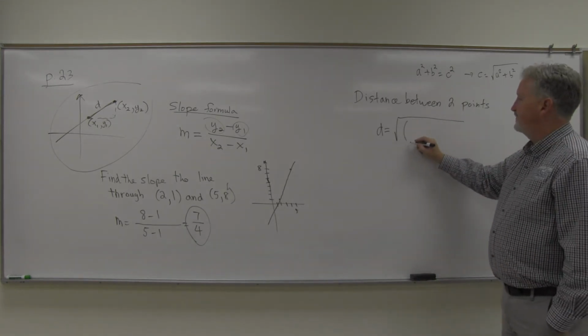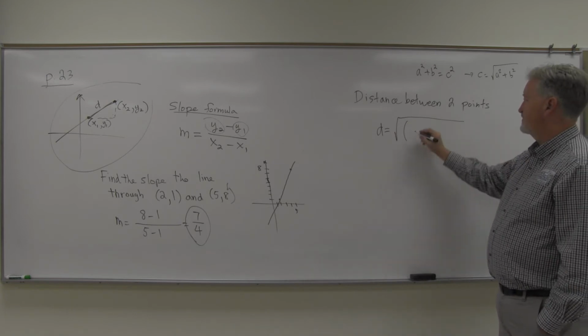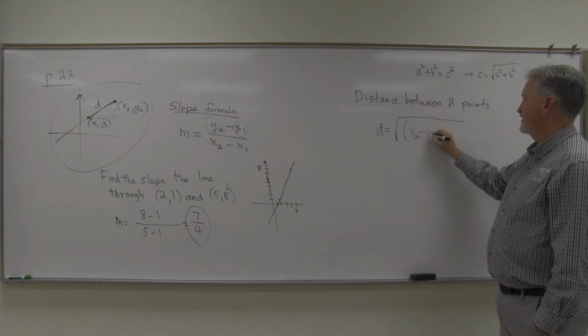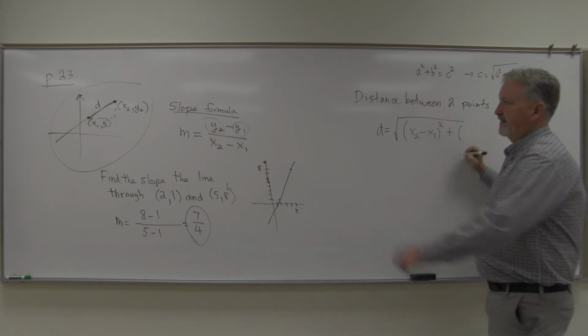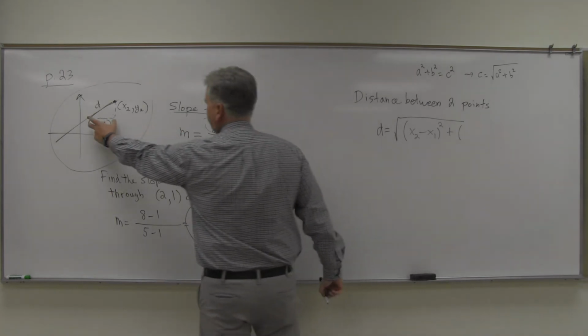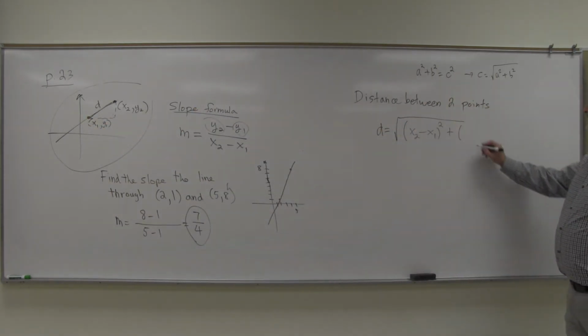So it's the difference of the x's squared and the difference of the y's squared. So it's x2 minus x1 squared, that gives you this distance right here, plus the y2 minus y1 squared.